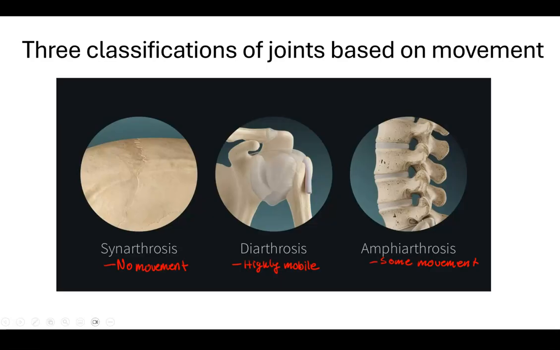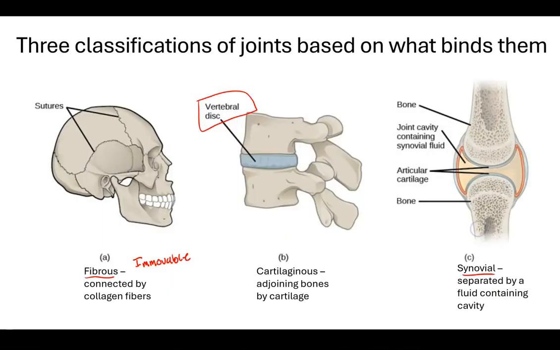Generally, the type of movement allowed is determined by the type of adjoining features. The highly mobile diarthrotic joints are typically the synovial joints, because those are the ones that allow us to move the most. Synarthrosis, on the other hand, is typically fibrous joints, because those are adjoined by collagen fibers, which are not very flexible. They're joined so tightly that there's no room for movement.